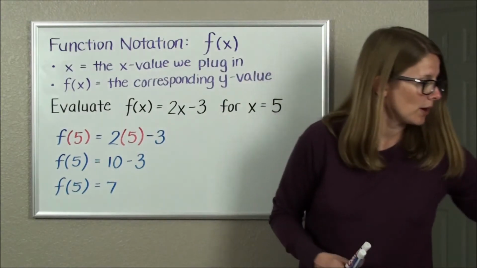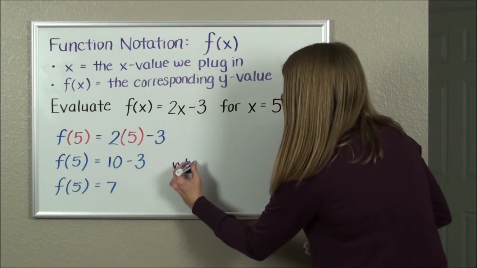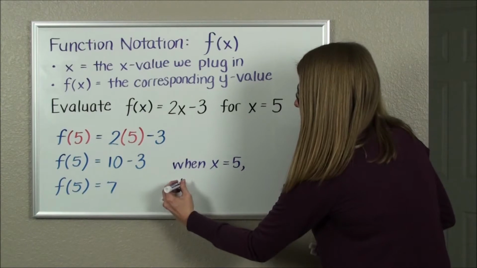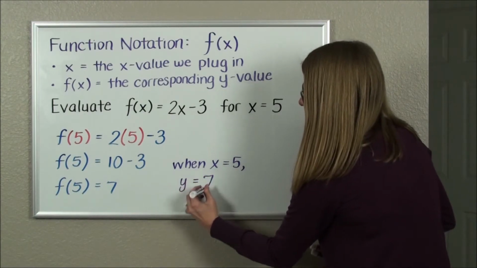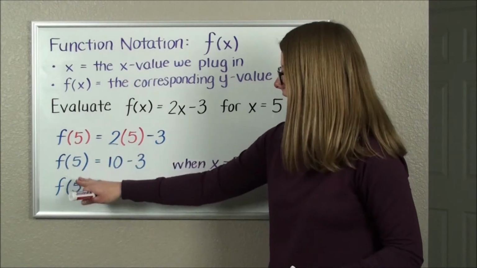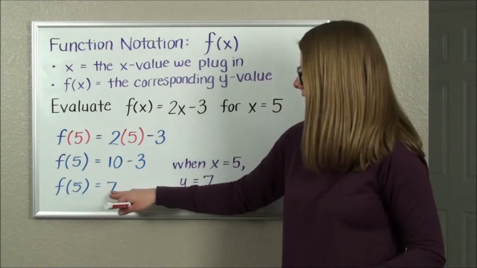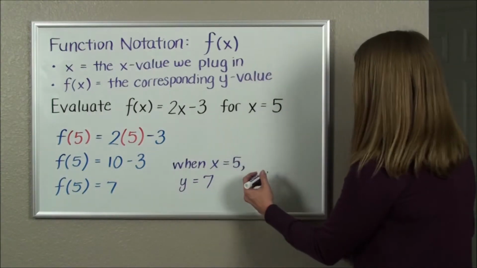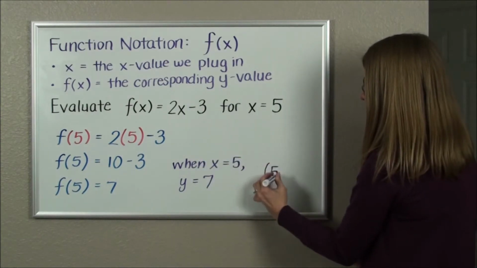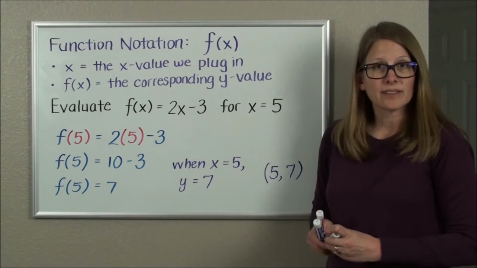So again, in terms of what that means, it means when x equals 5 in this function, we now know that y is going to equal 7. So when we plug in a value of 5 for x and crank it out, we get that f of 5, or that y value that corresponds, is now 7. And so a point on this graph would be the x value 5 paired with the y value 7. So there's an ordered pair on that graph.